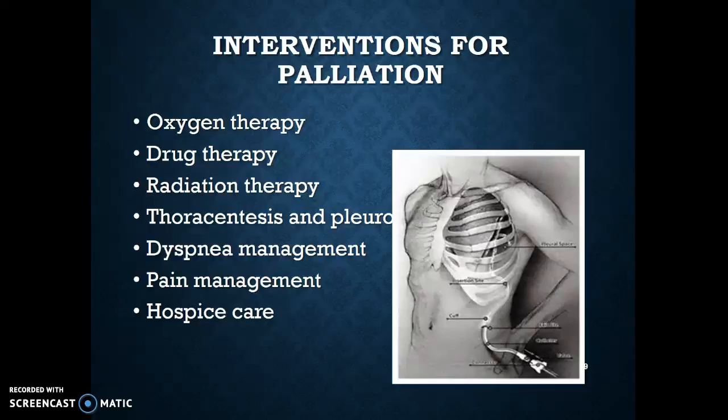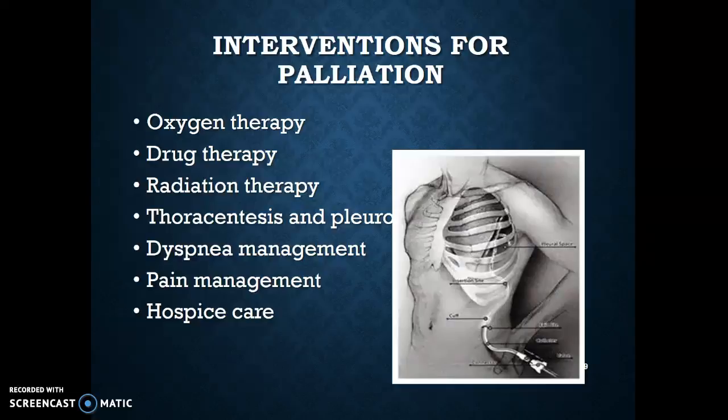Lung cancer patients who don't have good oxygenation need oxygen therapy. They often need drug therapy for pain control, for anxiety mediation, sometimes for prevention or treatment of infections of the lung. Radiation therapy we already discussed.